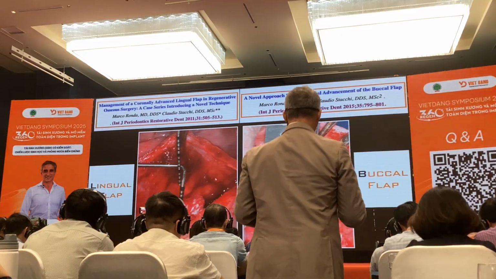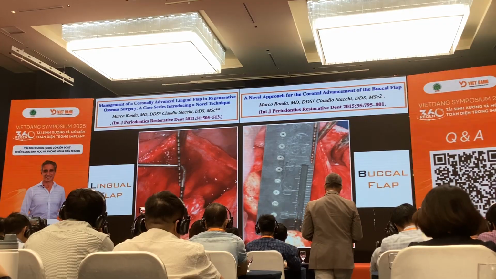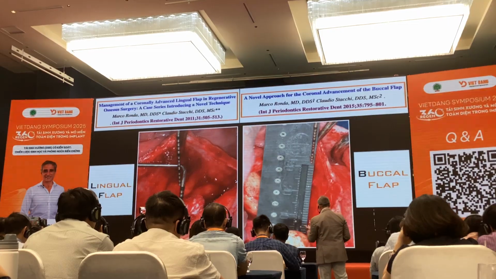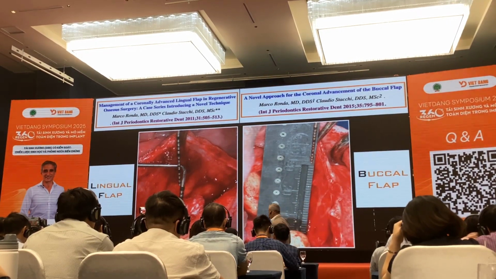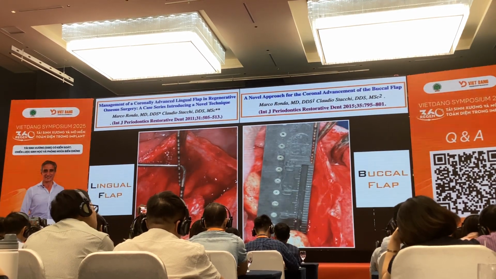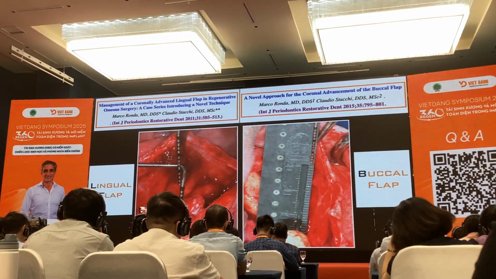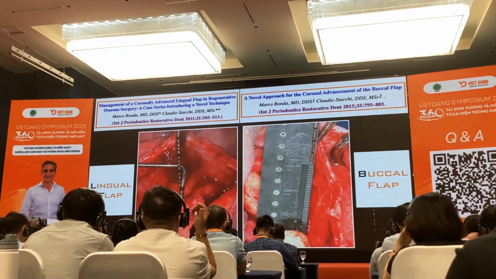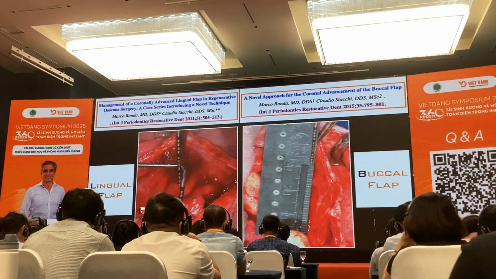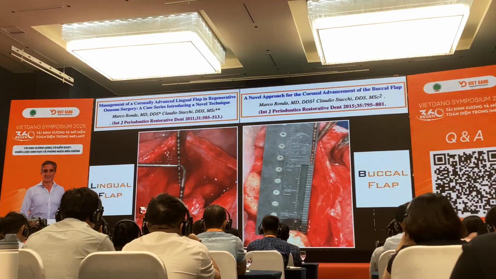The detachment of the submucosa from the muscles in order to separate the unelastic portion of the flap from the elastic portion of the flap in order to move the flap in a significant way. 7 centimeters, not millimeters, centimeters of coronal displacement of the flap in order to cover, to protect, to close this GBR of 12 millimeters of verticality.